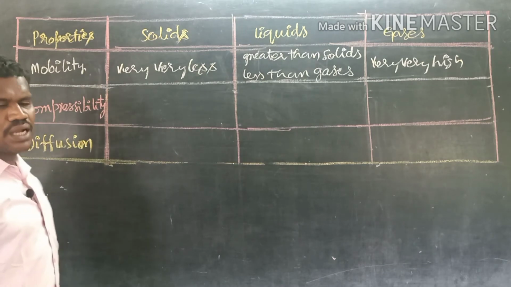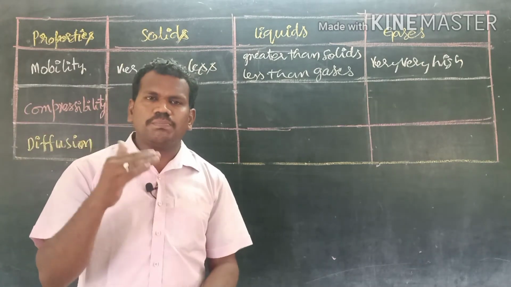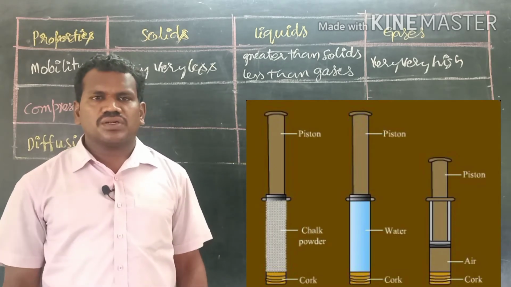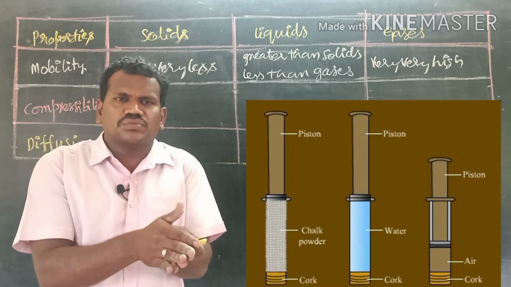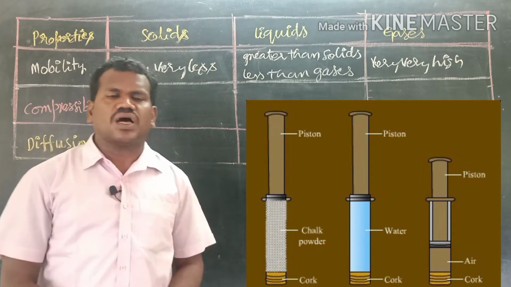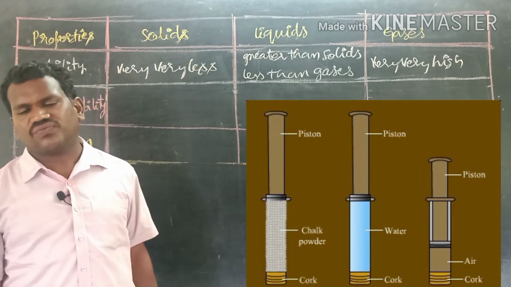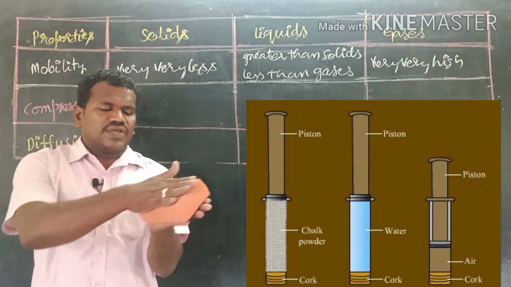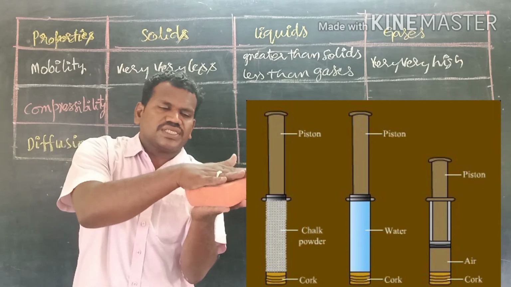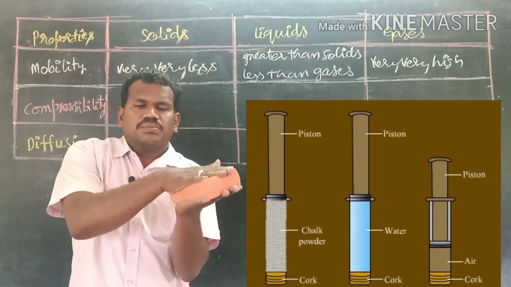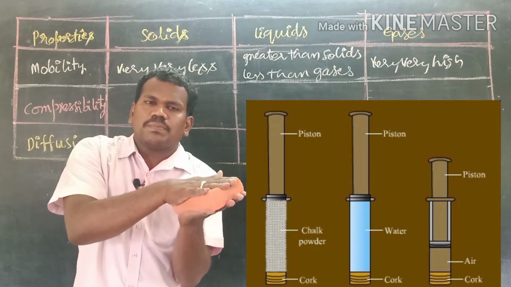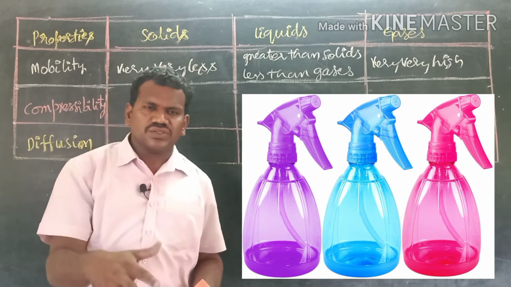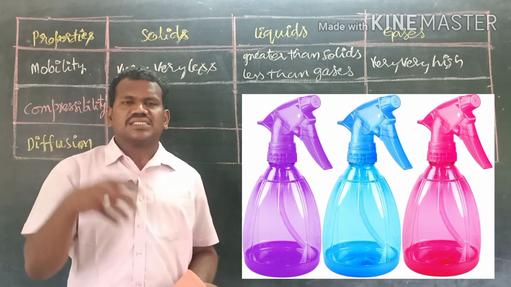Now come to compressibility. Compressibility is the ability of matter to reduce its volume by applying a certain amount of force. For example, we have a duster. If we apply force, what happens? The shape of the duster changes, which means it has the ability of compressibility. Some water is there; we can reduce that. Like that, gas is also there.